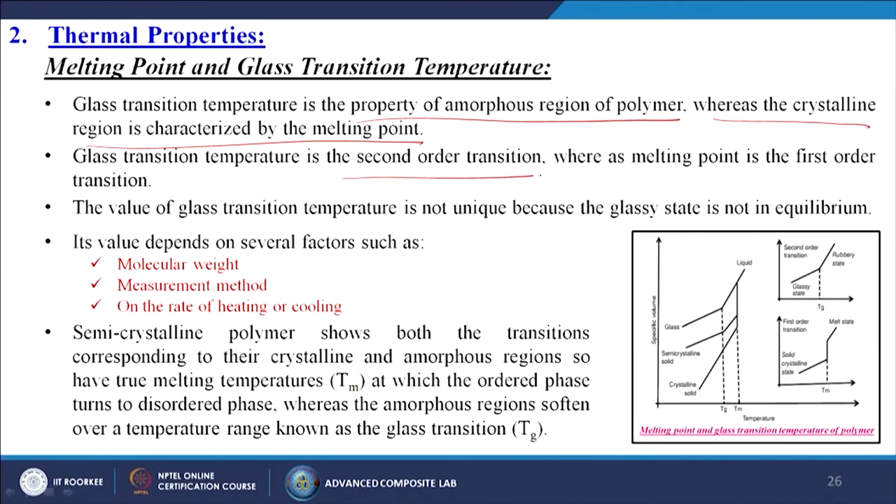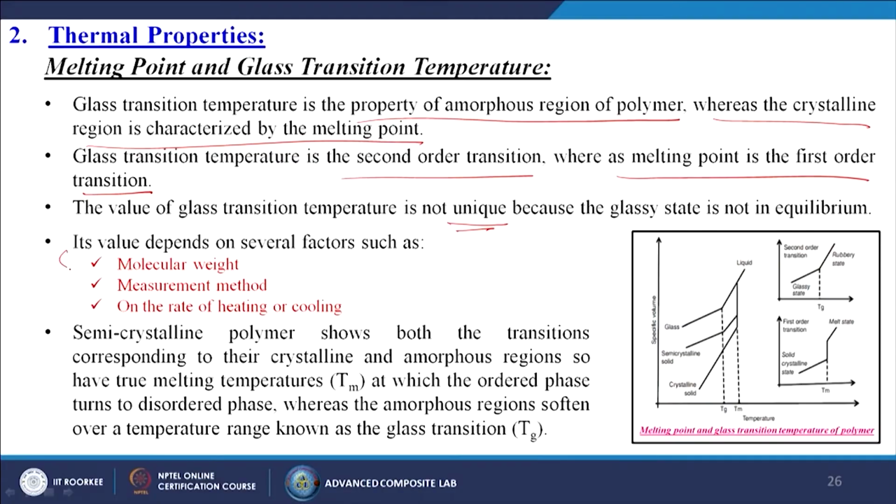The glass transition temperature is a second order transition, whereas the melting point is a first order transition. The value of the glass transition temperature is not unique because the glassy state is not in equilibrium. Generally the glass transition temperature for natural rubber is minus 70 degrees centigrade. Its value depends on several factors such as molecular weight, measurement methods, and the rate of heating or cooling.